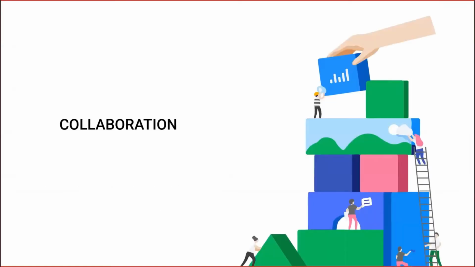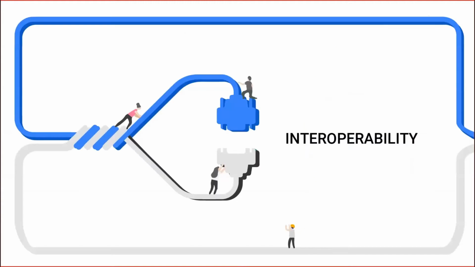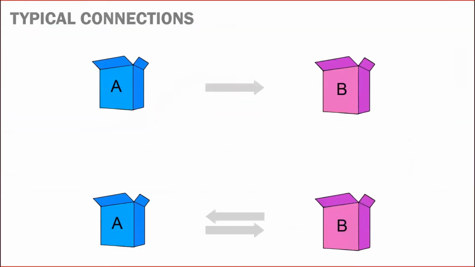As we all know, in the industry, collaboration is key. But to achieve it, you need to build from something that you can share. And that's when interoperability comes into place. And speaking about AEC software, most typical connections just go from software A to software B, and not even all of them are bidirectional.